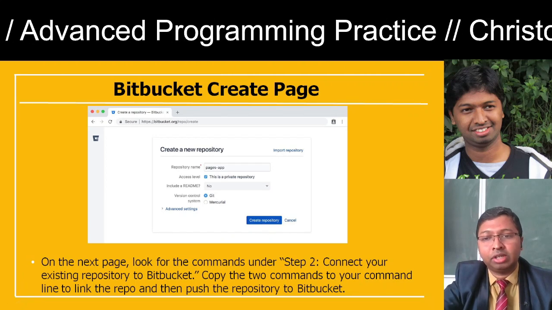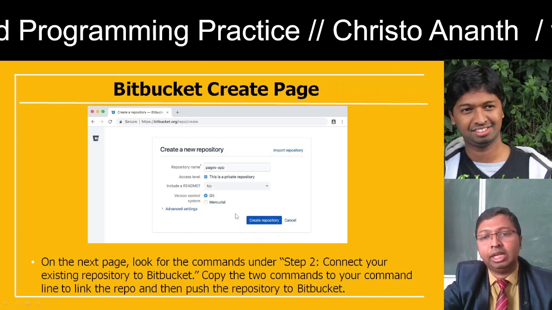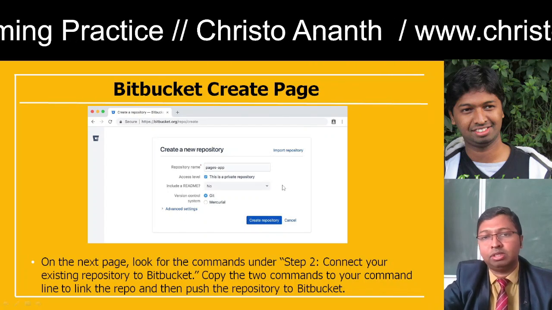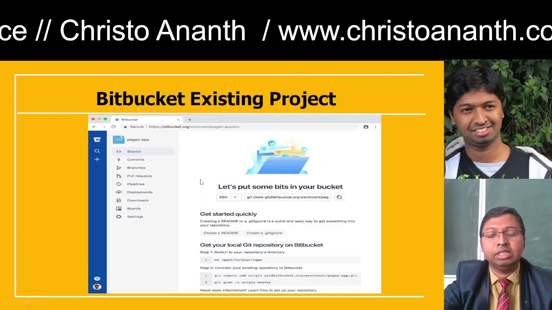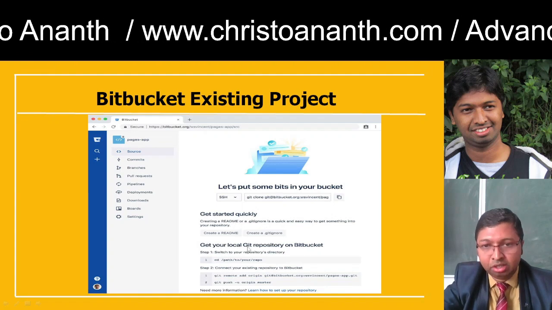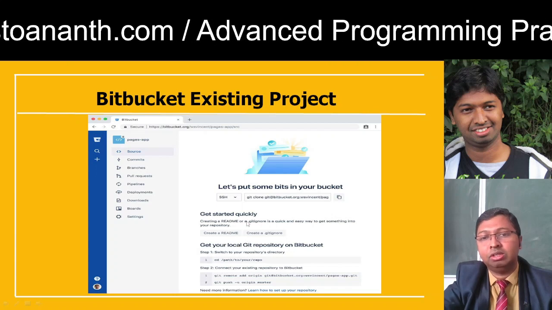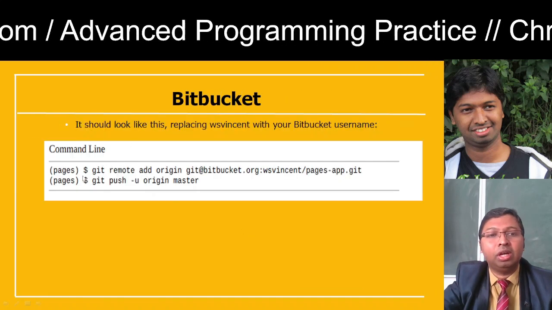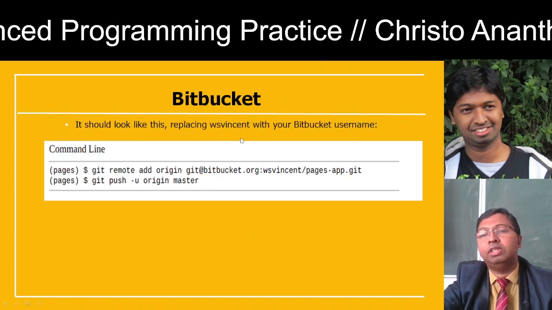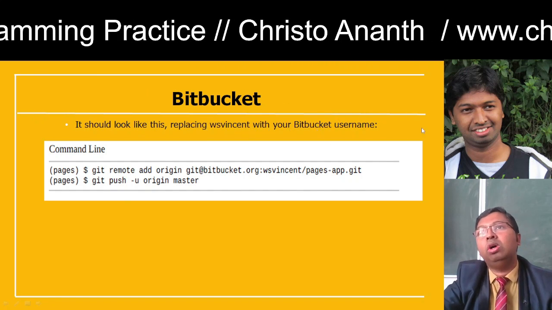So you have to connect the existing repository to Bitbucket. Similarly, get your local repository on Bitbucket, follow all these procedures. Instead of this name, you can have your own Bitbucket username.